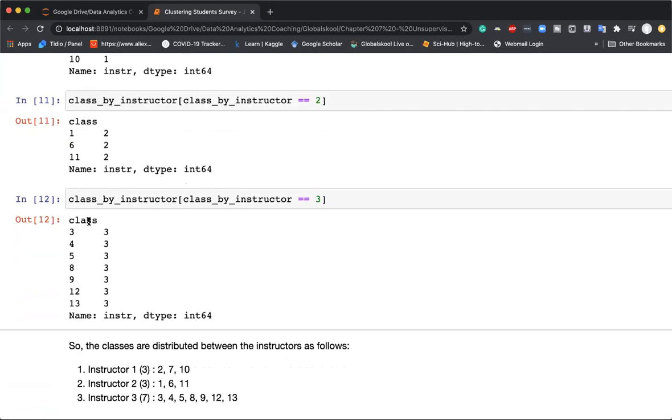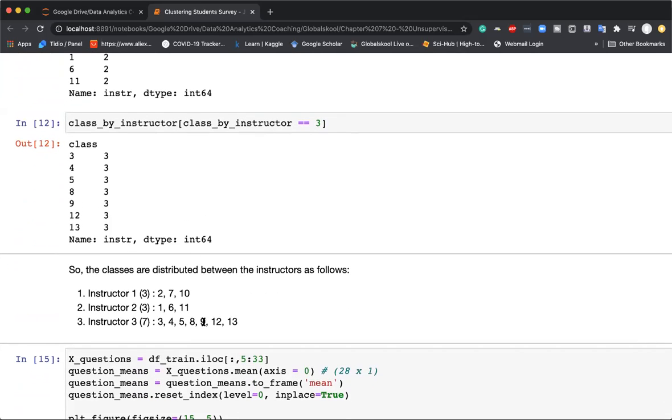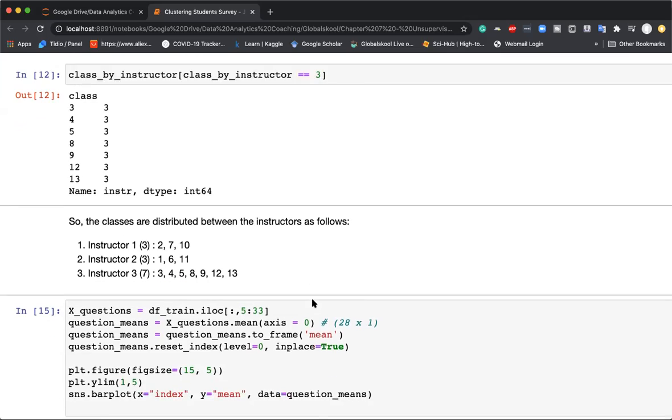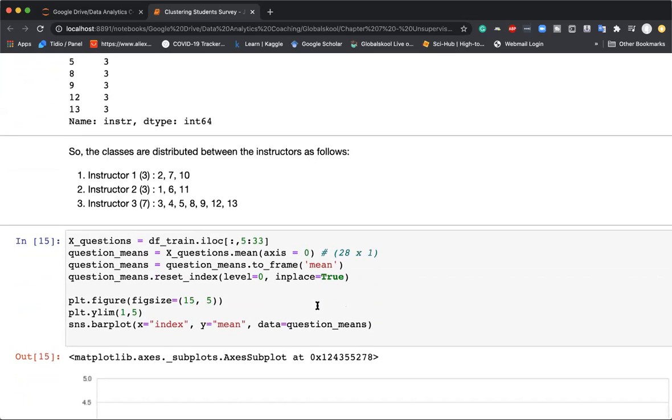And classes 3, 4, 5, 8, 9, 12, 13 are taught by instructor 3. So this explains why we had more data points for instructor 3. He was teaching most of the subjects. Okay, let's go ahead.